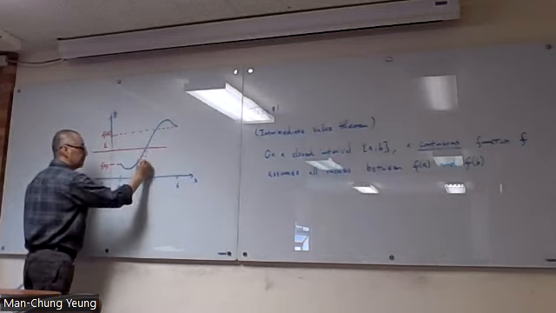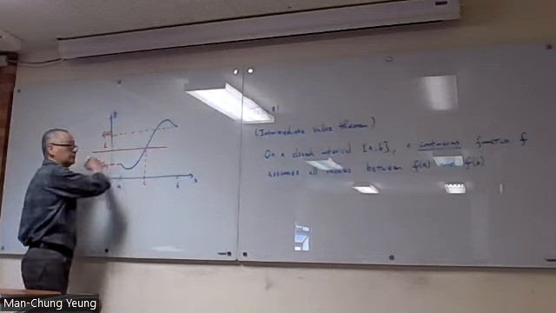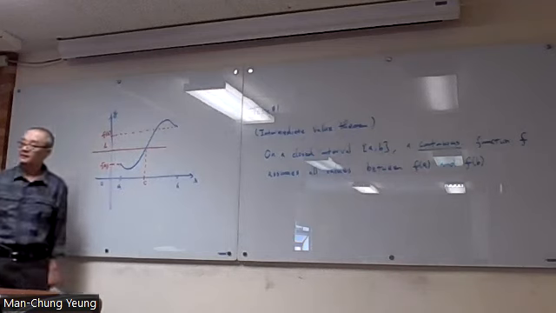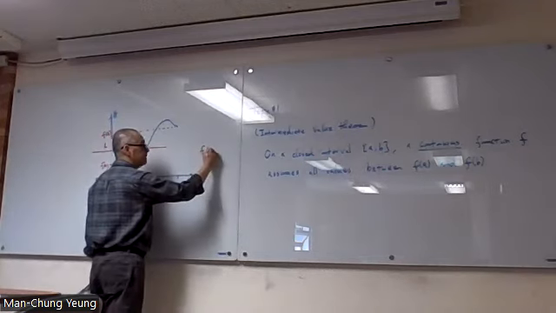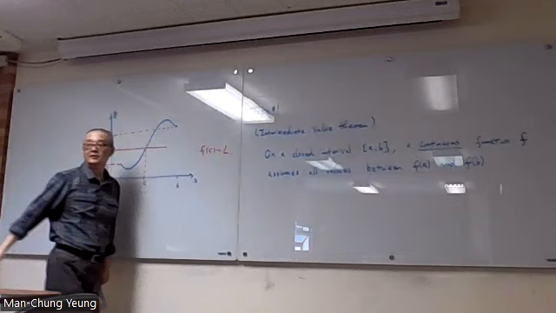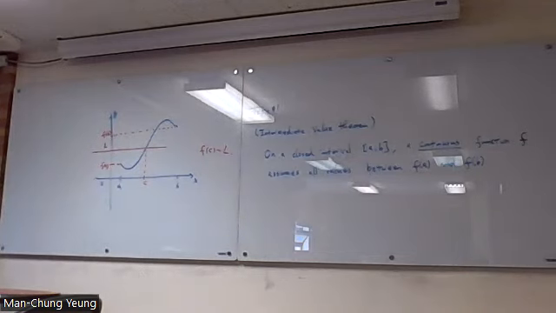Then the function assumes L at some point C. That means the function value at C is L. We say the function assumes L at C.